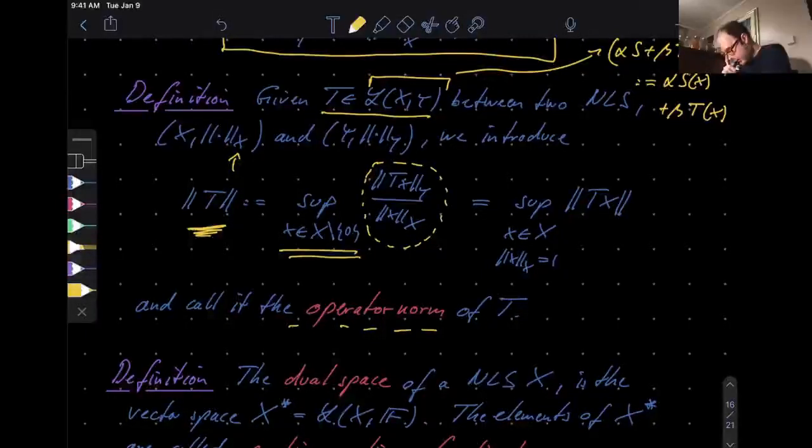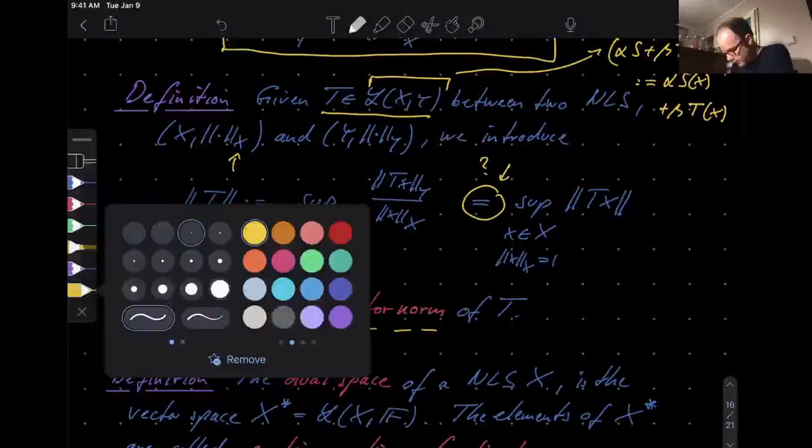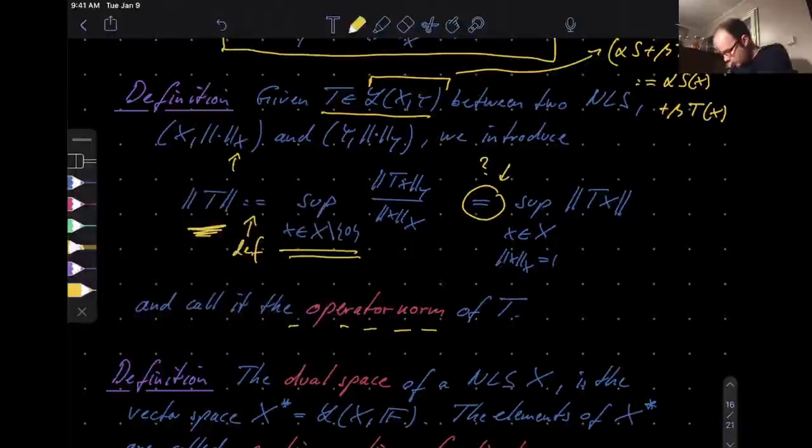Now here's a second equality. The first one is the definition, and here I write that this is equal to this. So why is this true? Well, this is a property of the norms and of the linearity of t. If you have this ratio, you can move the denominator. Notice the denominator is different from 0 because I optimize over all non-zero x.